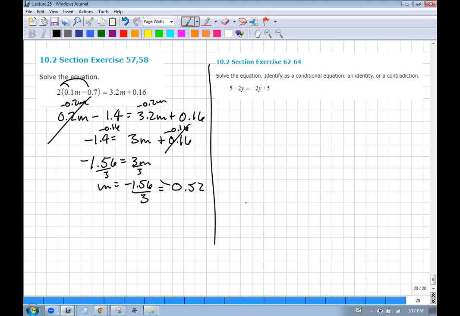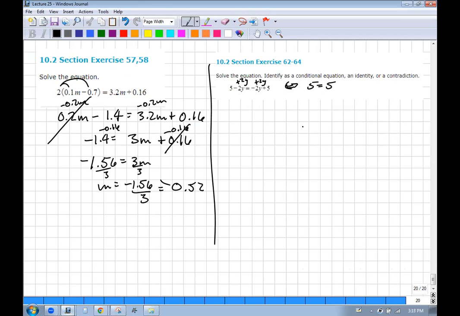All right, we need to get all our y's together. This one, you can just look at it and go minus 2y, minus 2y, right? Those go away. This equation is the same thing as 5 equals 5, right? Because I can add 2y to both sides.